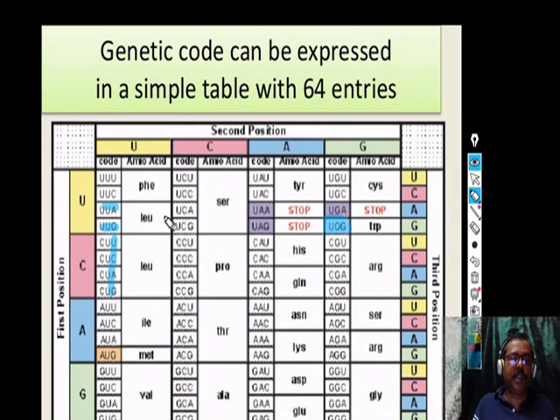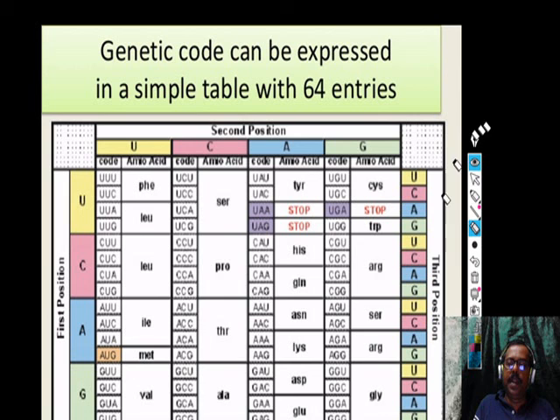So in total for this individual amino acid leucine, we can see that there are 6 codons. Likewise, 61 codons are distributed among the amino acids, and the 3 codons are the stop codons which terminate the protein synthesis.